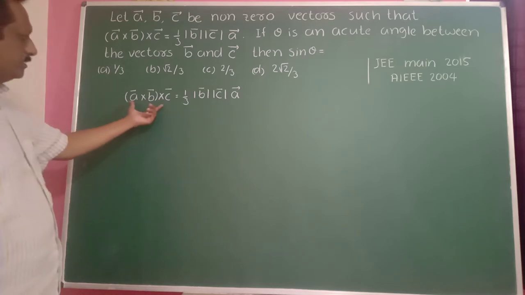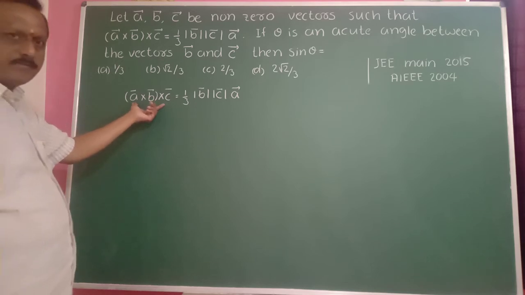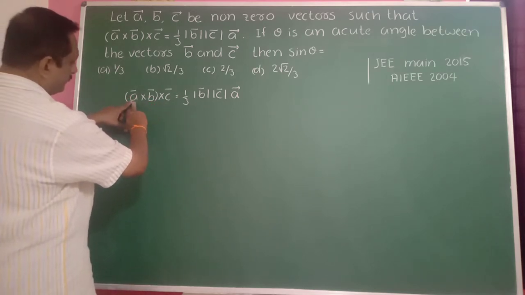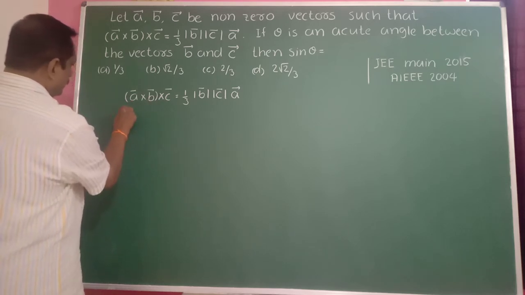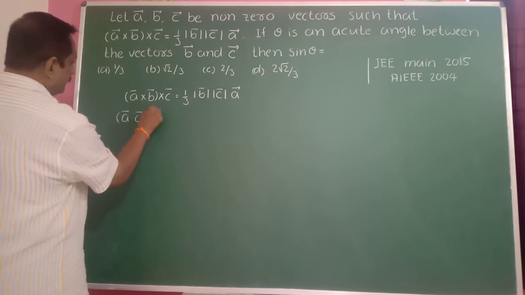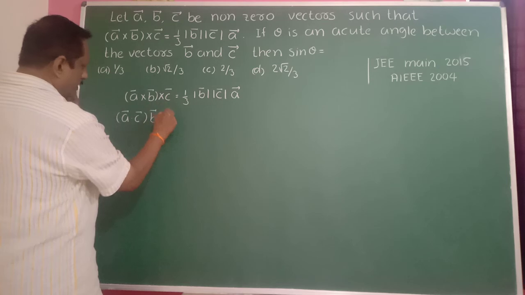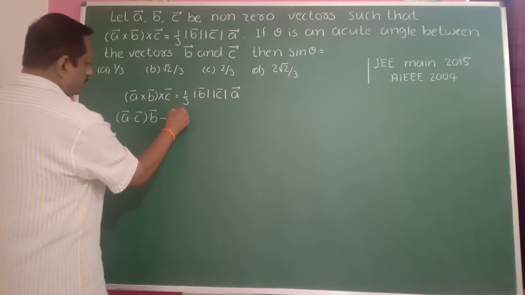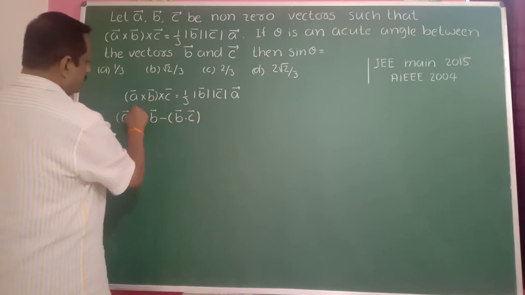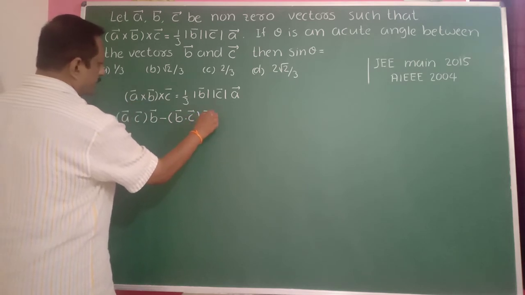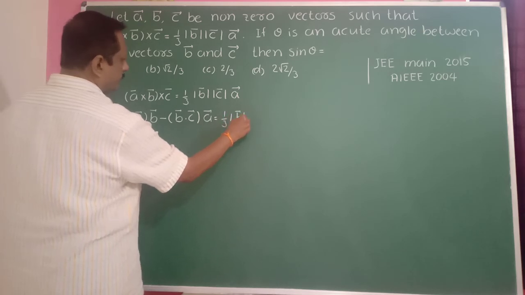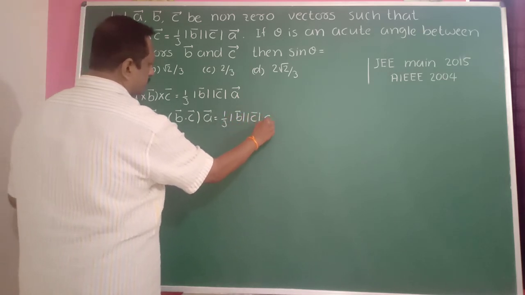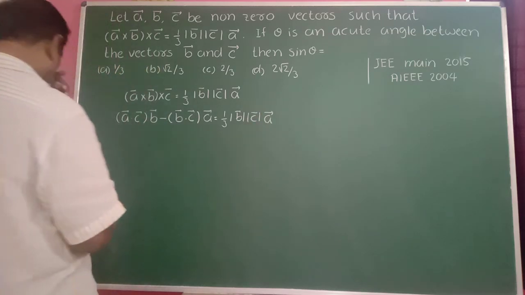In this case, use the vector triple product formula: (a bar dot c bar) into the middle vector b bar minus (b bar dot c bar) into the vector a bar is equal to 1 upon 3 into modulus of b bar into modulus of c bar into the vector a bar.